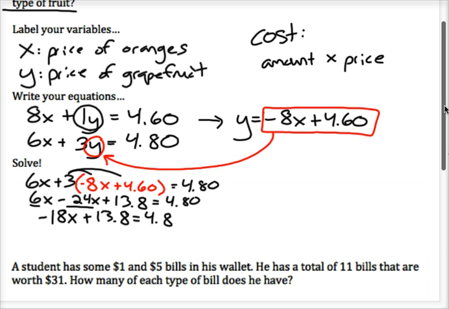Next, I'm going to subtract off that 13.8 from both sides. So negative 18x is going to equal 4.8 minus 13.8. We get negative 9. Divide both sides by negative 18, and you get x is 0.5.